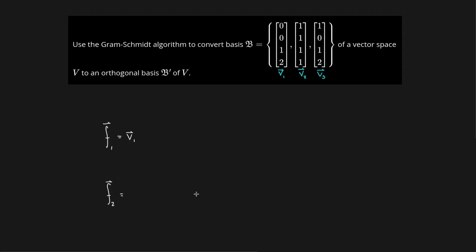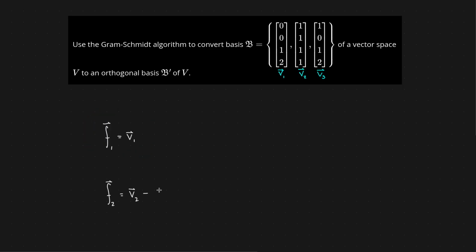To get F2, we want F2 to be orthogonal to F1, but we want F1 and F2 to span the same space that V1 and V2 span. So what I'm going to do is take V2, and to make sure it's orthogonal to F1, I'm going to subtract the projection of V2 onto the space spanned by the orthogonal vector we already found, F1.